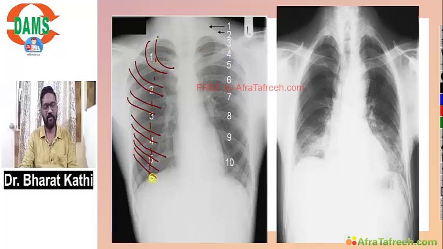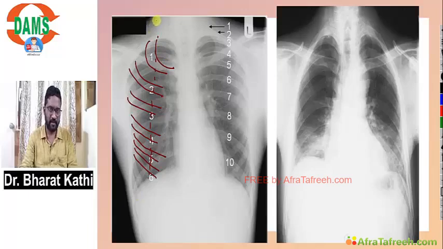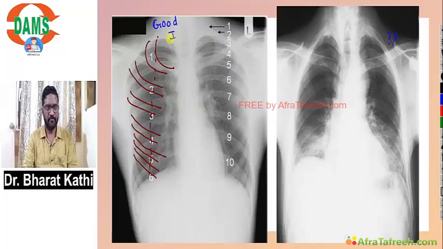In the mid-clavicular line, if there are more than 6 anterior ribs, it is considered a well-expanded lung or good inspiratory effort. Now can anybody see in this image and tell me how many anterior ribs are there? So I will write here, this is good inspiratory effort.